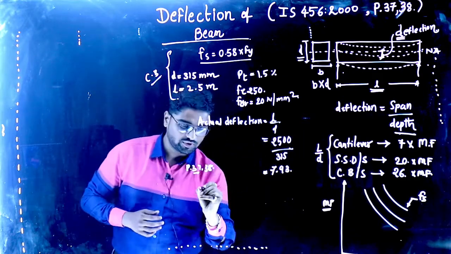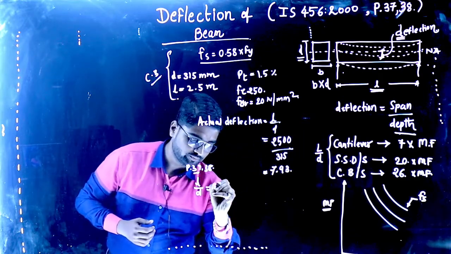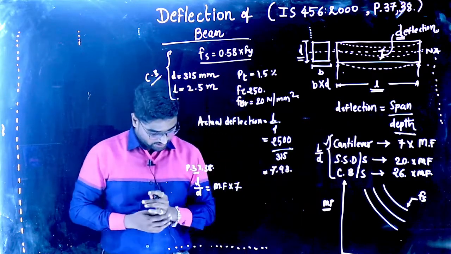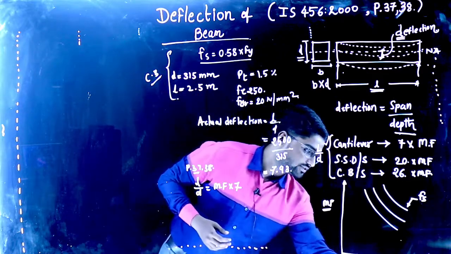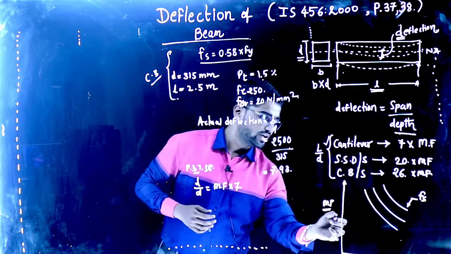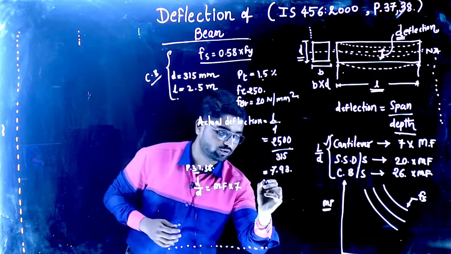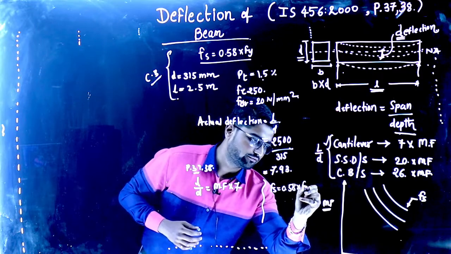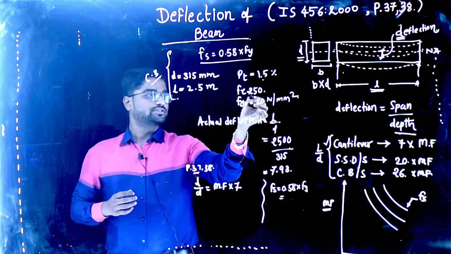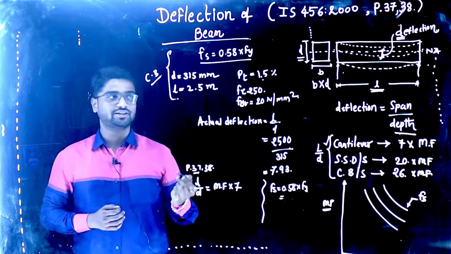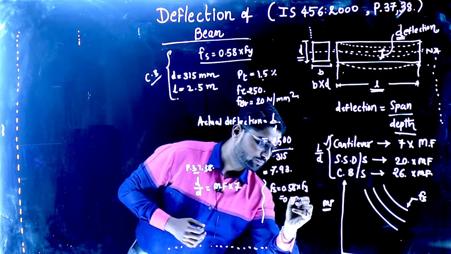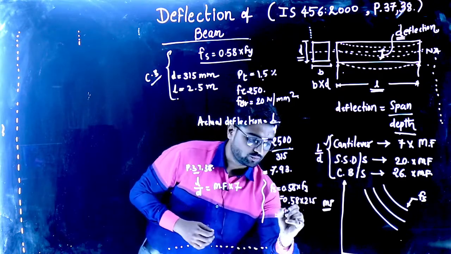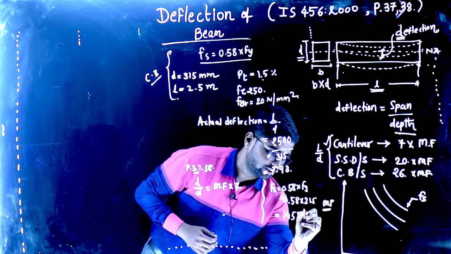So for the cantilever beam, we have L by D ratio equal to modification factor into 7. The percentage of steel is given, that is 1.5, and Fs we have to calculate as 0.58 Fy, where Fy is the yield strength of steel, given grade of steel 250. So here 0.58 into 250, and the value is 145 Newton per mm square.